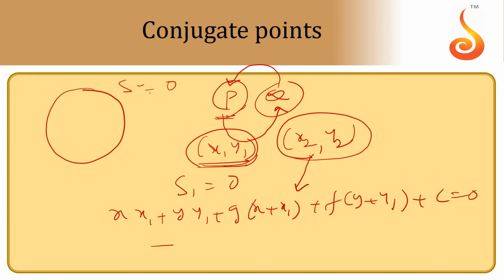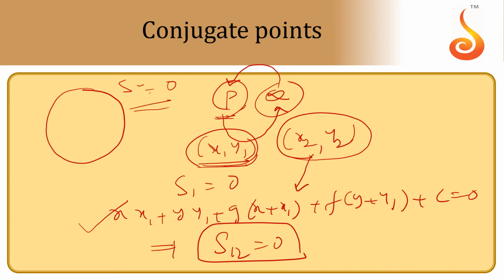So if I substitute this, I'll get S12 equal to 0. What is S12? x1 x2 plus y1 y2 plus g into (x1 plus x2) plus f into (y1 plus y2) plus c equal to 0. So can we understand that the polar of Q passes through P? That is about conjugate points. For a given circle S equal to 0, if (x1, y1) and (x2, y2) are 2 conjugate points, then the condition is S12 equal to 0.